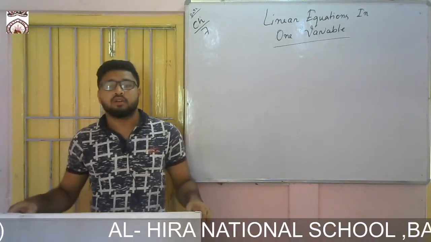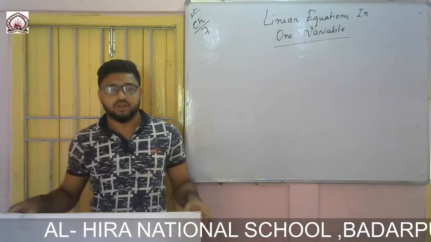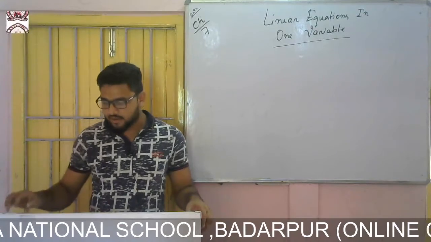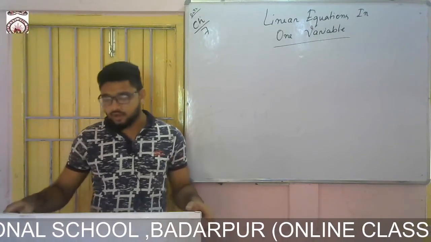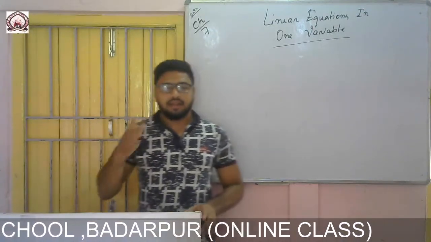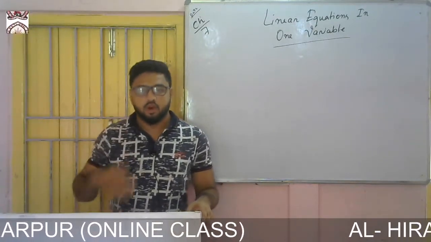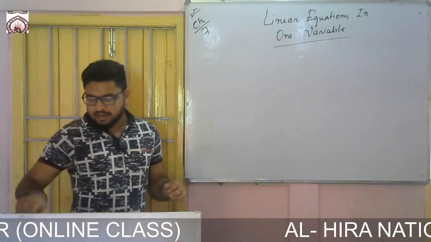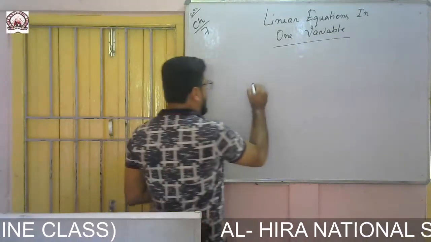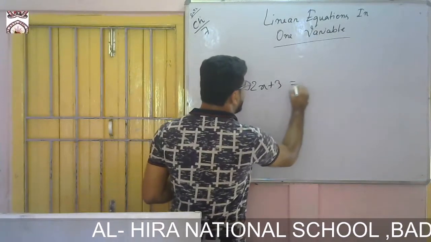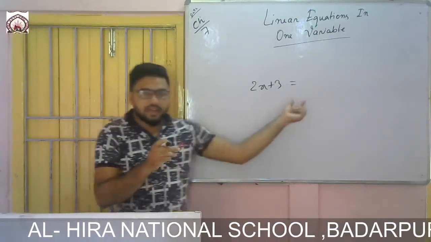So you are well known with that term equation in the last class, that is in class 6. Let me recall again. What is an equation? A sentence which contains an equal sign, or an algebraic expression which contains an equal sign.